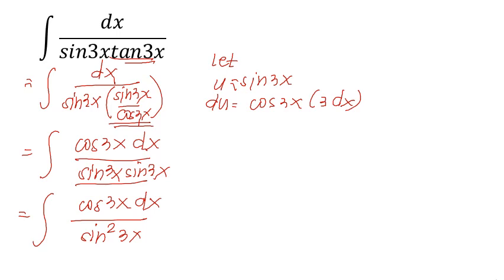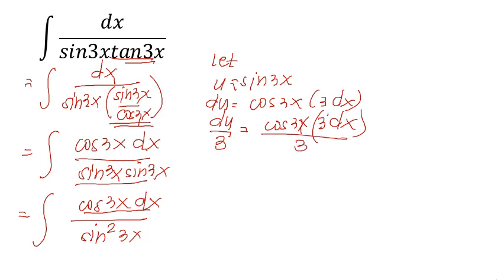So we need to isolate cosine 3x dx so that we could substitute it in terms of du. So we will have du all over 3. Okay, divide both sides by 3. So we have du all over 3. This is equal to cosine 3x, 3 times dx all over 3. Right? Cancel out ito. So we will have du all over 3 equals cosine 3x dx.